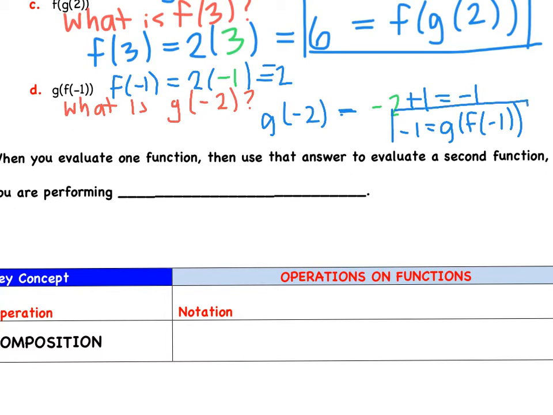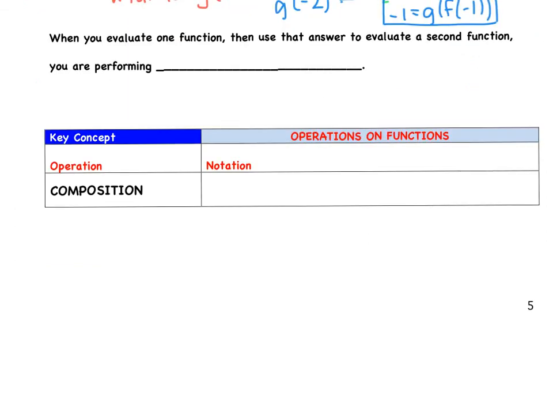So that would be our answer there. When you evaluate one function, then use that answer to evaluate a second function, you are performing composition of functions. So that's what we've been doing here as we're going through these notes.